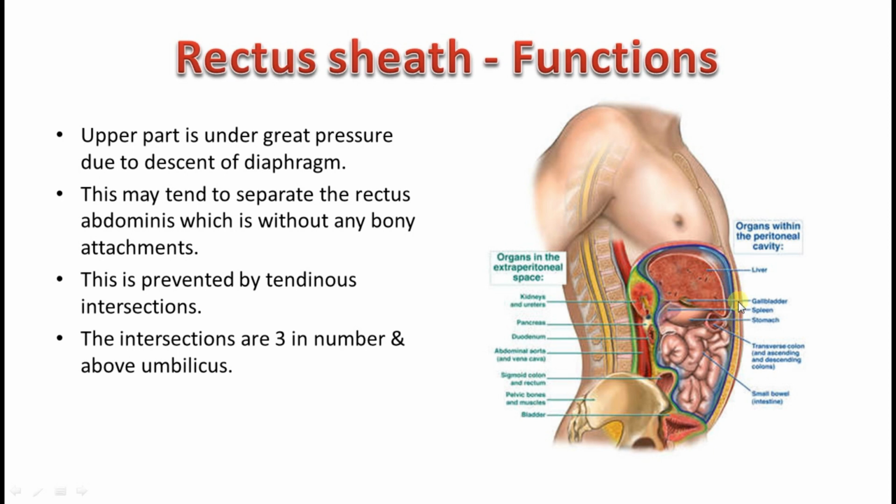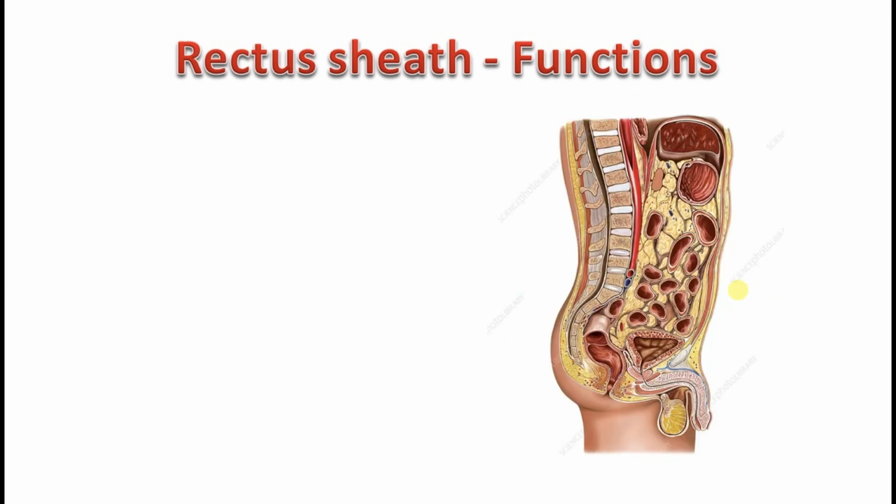Now, when the upper part is under pressure due to the diaphragmatic movements, when you come to the lower part, here you have the coils of intestine, then you have your colon and all those structures. Due to the erect posture and gravity, all these organs tend to come below.